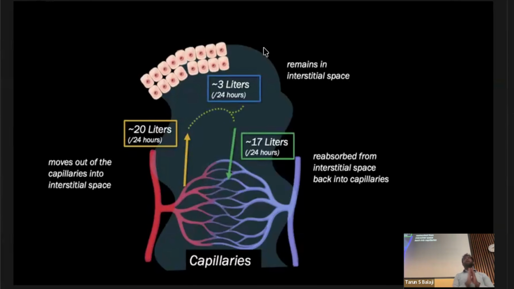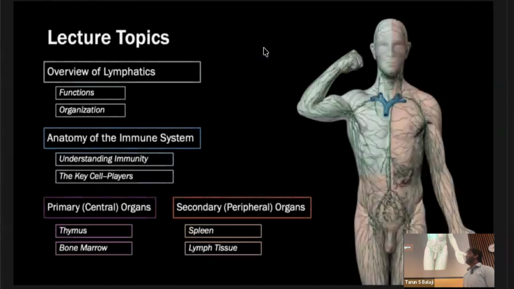I'm a metric person, so 3 liters makes sense to me, but that's like 2 cans of soda pop. Two cans of soda pop worth of liquid just sitting in your extremities, yeesh, that doesn't sound too good. And that's where our lymphatic system comes in.